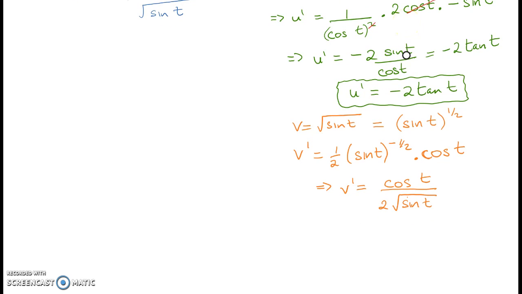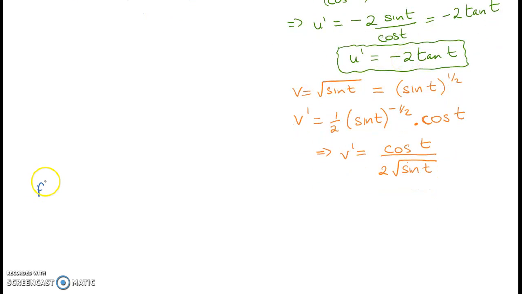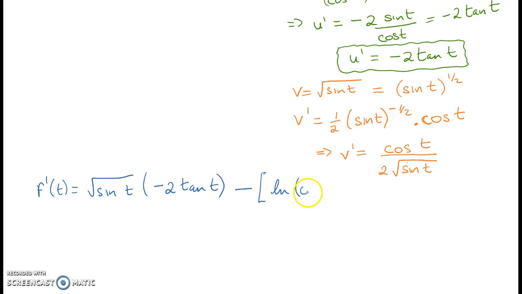So f prime of t is going to be, now it's a quotient rule, so it's v, which was the square root of sine t, times u prime, which is negative 2 tan t, minus u, which is the log of cosine squared t, times v prime, which is cosine of t over 2 times the square root of sine t.